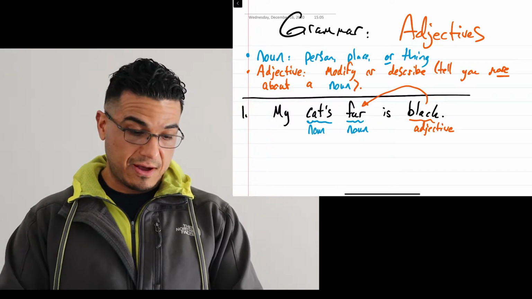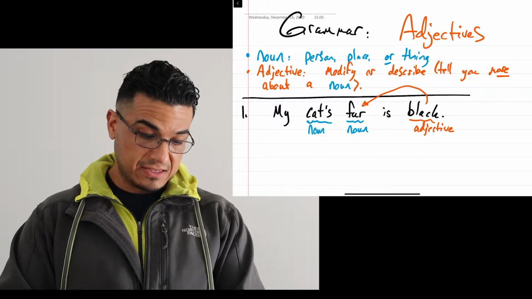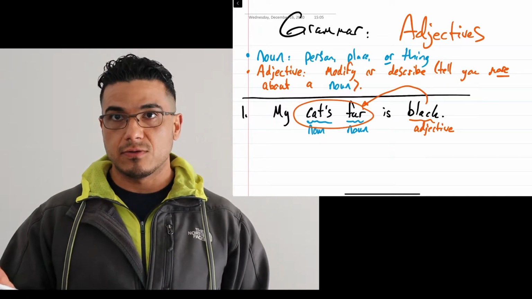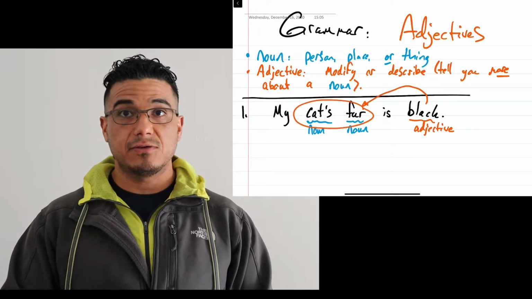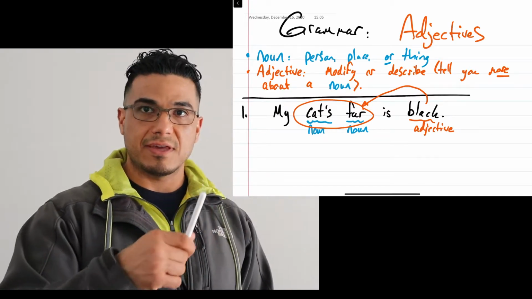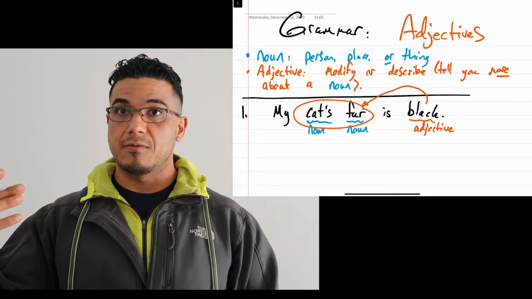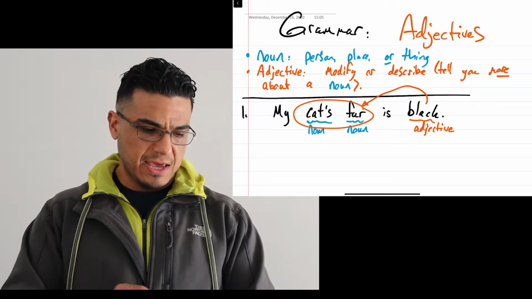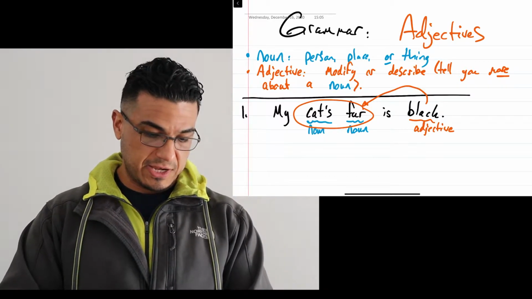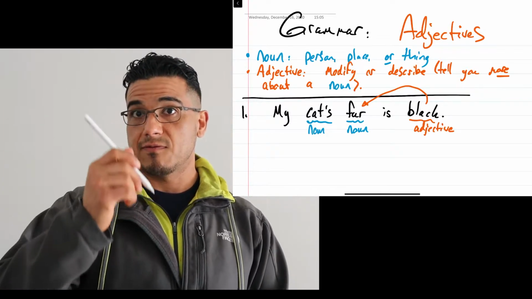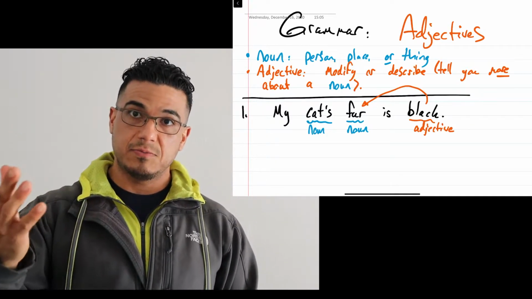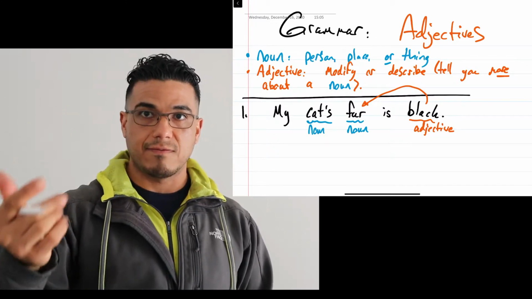Some of you may have opted to say my cat's fur, which is also correct. Black is being used to describe the fur of the cat, which is who owns the fur in this case. However, just for argument's sake, we're going to say it's going to point towards the noun fur because the color black is being used to describe the noun fur.